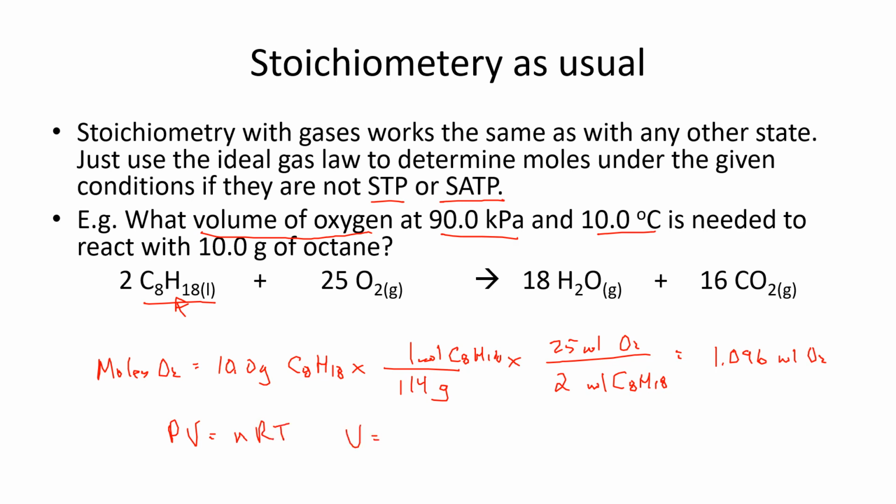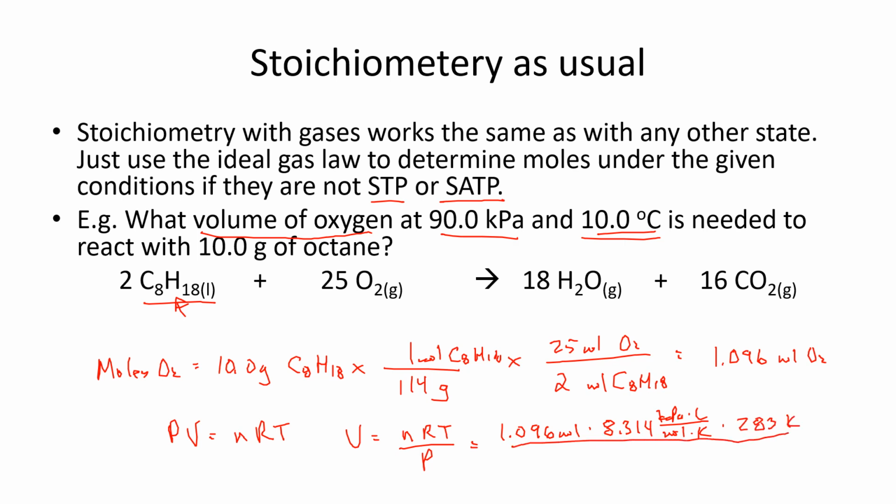So then if we want to know the volume, we know that PV equals nRT. So volume equals nRT divided by P. So the moles is 1.096 moles of oxygen. R is 8.314 kilopascal liters per mole Kelvin. The temperature is 10 Celsius, so that's 283 Kelvin.